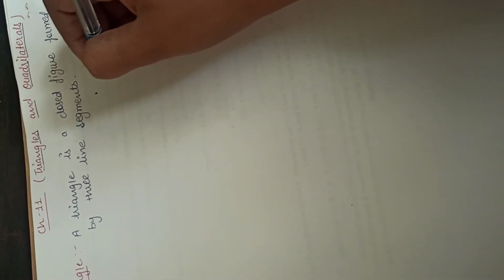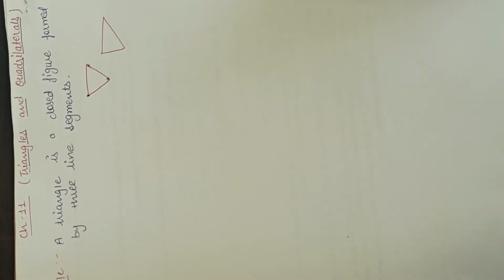कोई भी बेटा 3 points here or here. Join these 3 points to make a closed figure. That is called the triangle. Right? If you make it like this, then also it is a type of triangle. So basically, a triangle is a closed figure formed by 3 line segments.